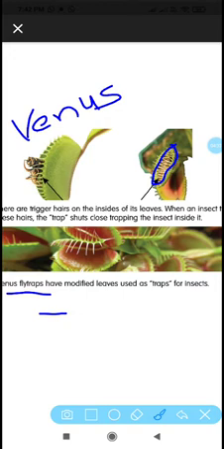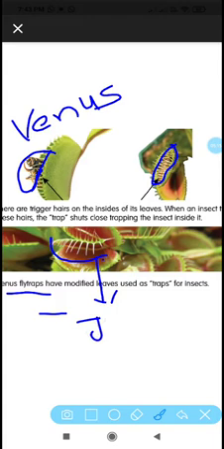If an insect by mistake, while flying, comes near the leaf, the leaf closes. Before the insect enters, the leaf is open. Whenever an insect comes near the leaf, both leaf margins close and trap the insect. After the insect goes inside the leaf, the plant starts producing some juices.